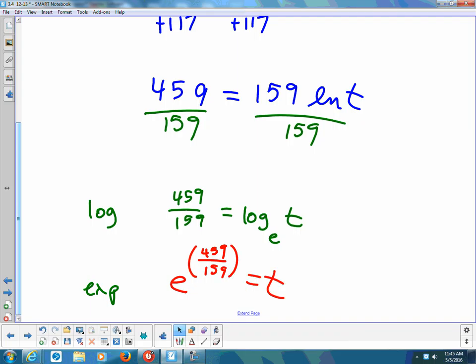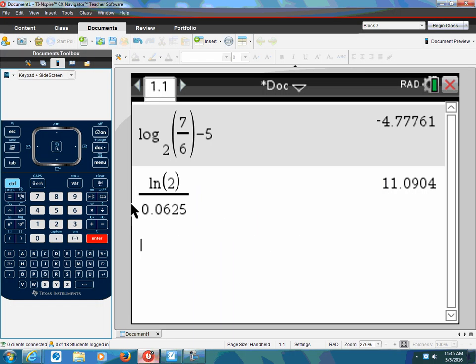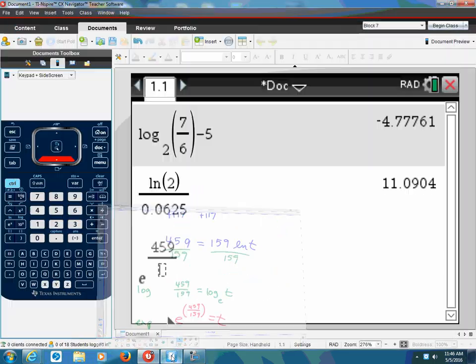So on our calculator, I want e raised to the power of 459 over 159.